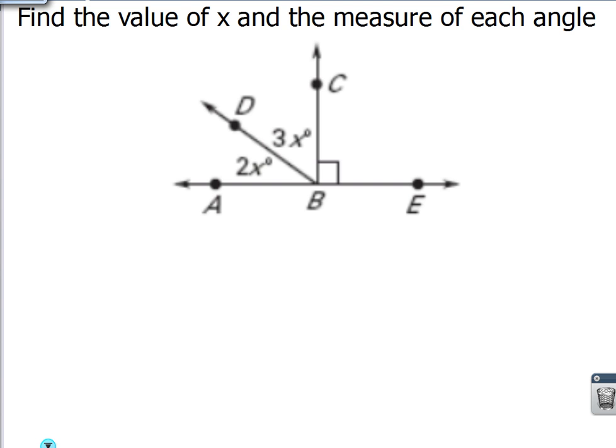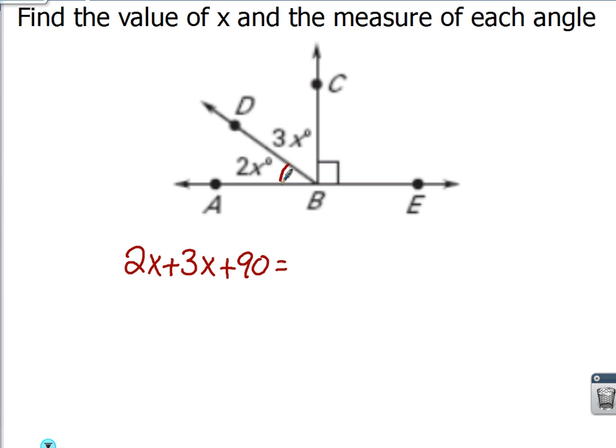That makes sense. Now let's talk about why it will add up to 90. Anytime you have a straight line, that is 180 degrees. Well, do you see the box here? That's half of it. So if this is 90 degrees, then that must mean that this is also 90 degrees. So there's two different ways you could write this equation. The hard way would be this: 2x plus 3x plus 90 equals.